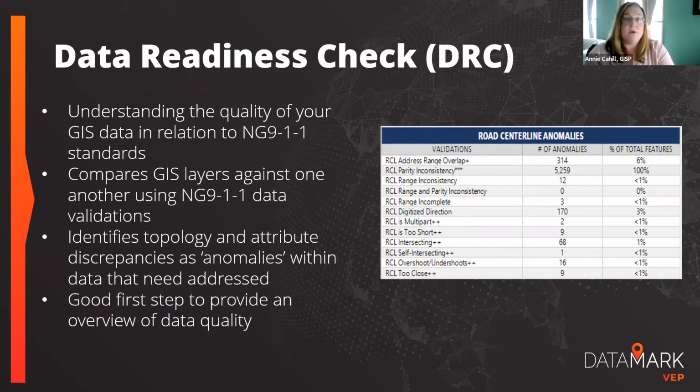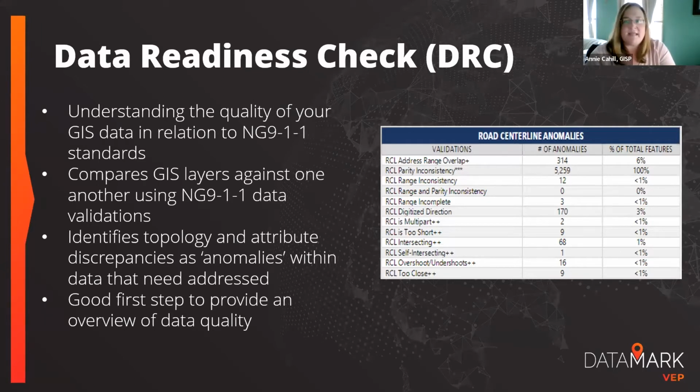So one of the things that I would encourage all of you to do is to have your data assessed. This is just a screenshot of our data readiness check. This is something that we do as DataMark, but also other vendors do as well. I don't know what they call it, but it's a good idea to illuminate those things in your data that you may not be thinking about, like parity inconsistency, address range overlaps.